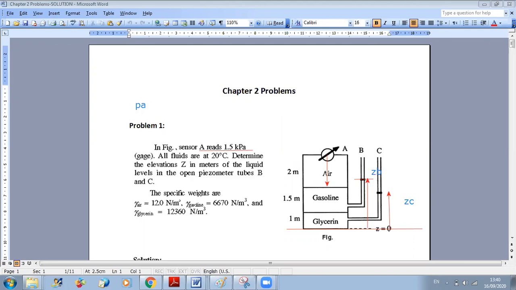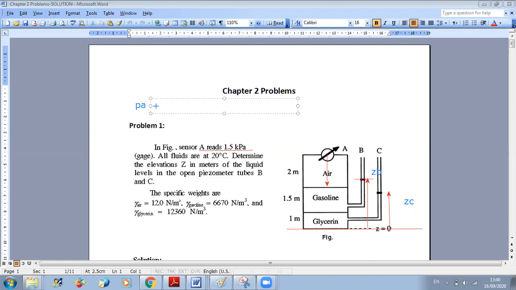So I should add to PA rho G, rho of air, of course, times G, times this height, which is 2. And I can replace rho air times G by gamma of air, okay? So I can add to PA here plus... Doctor, what exactly is PA? PA is the pressure at point A.